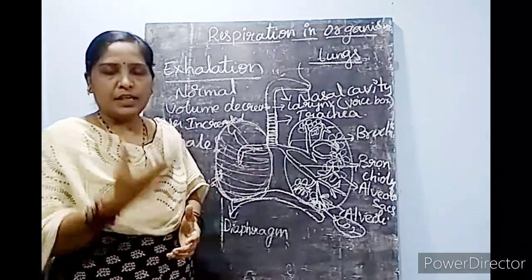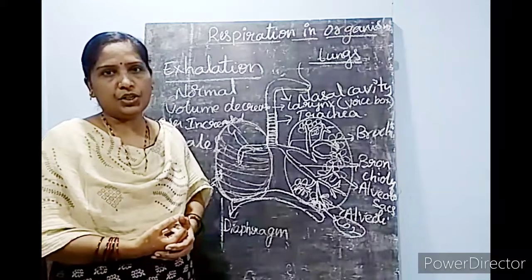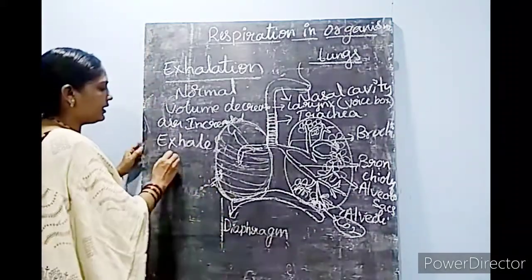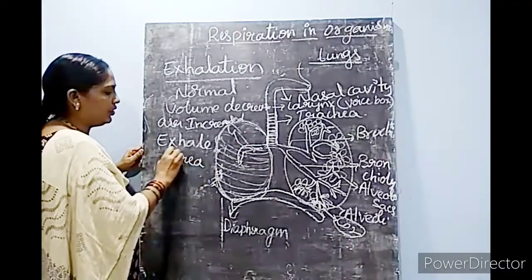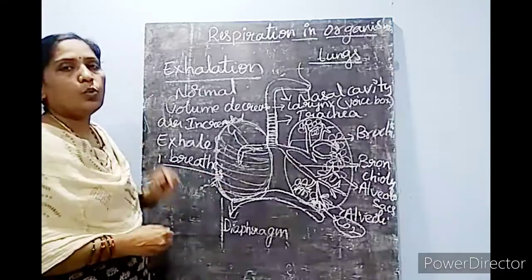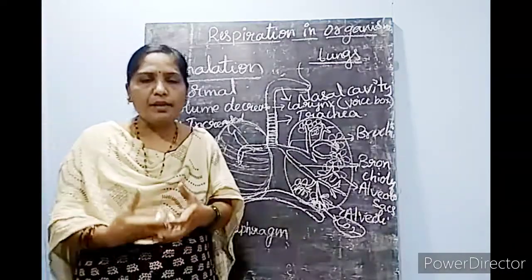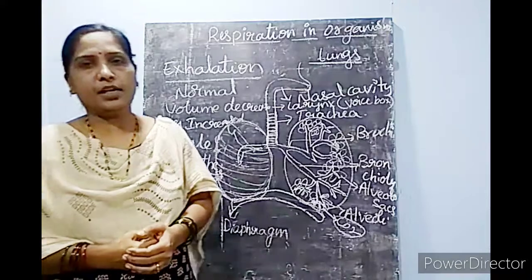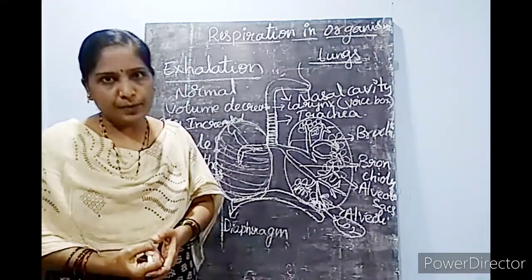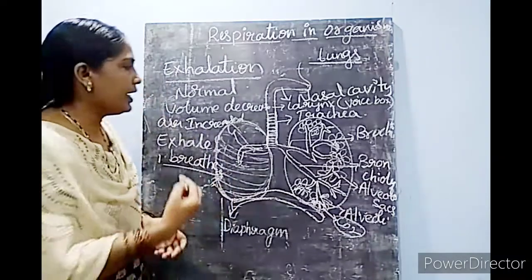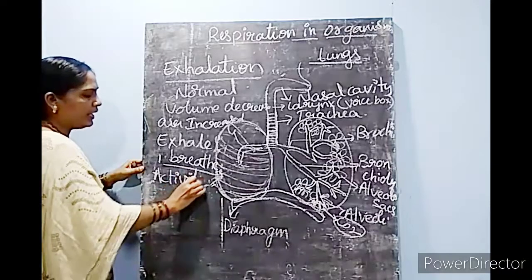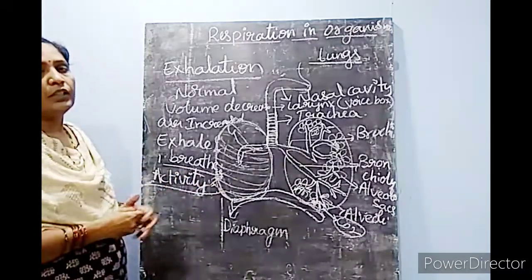Due to inhalation and exhalation, we can count one breath. Yesterday we discussed that one inhalation and one exhalation together are known as one breath. Breathing rate means the number of breaths taken in a minute. You can do an activity on breathing rate.